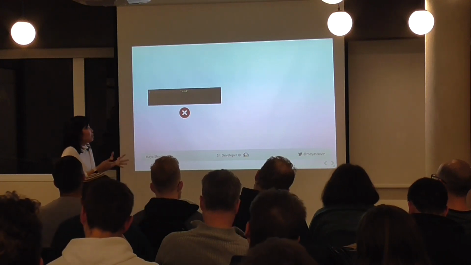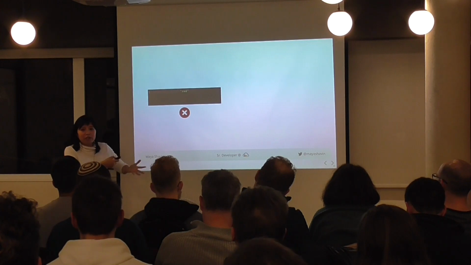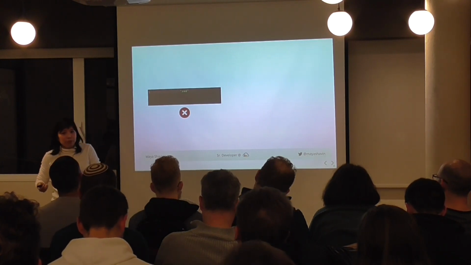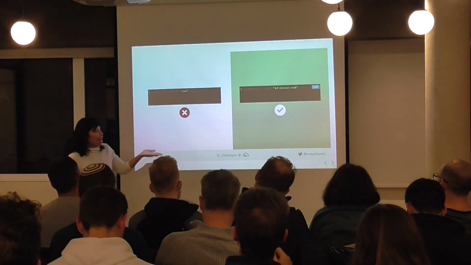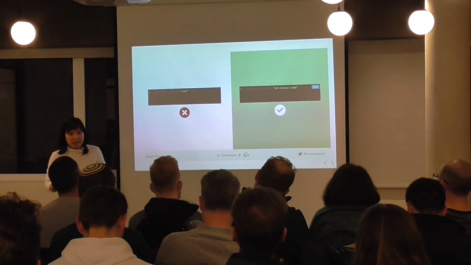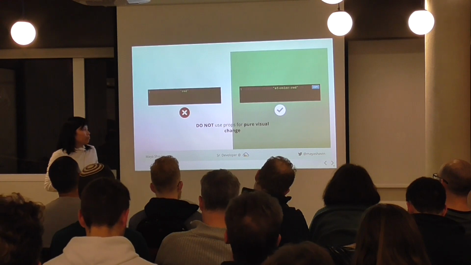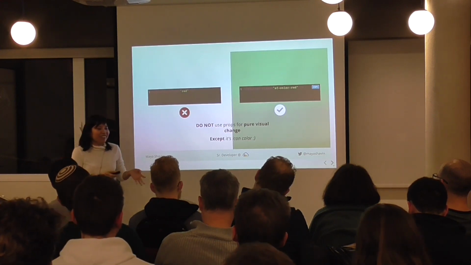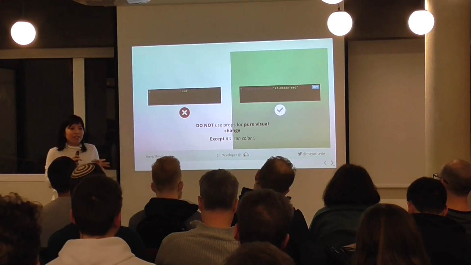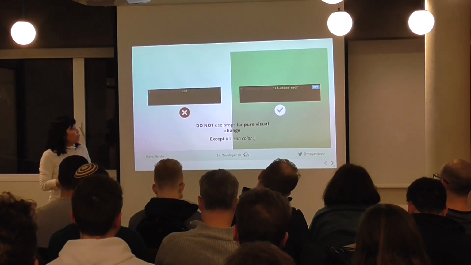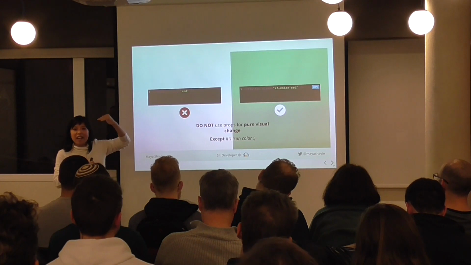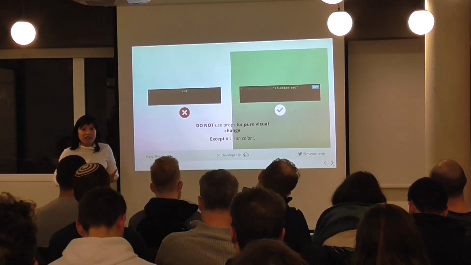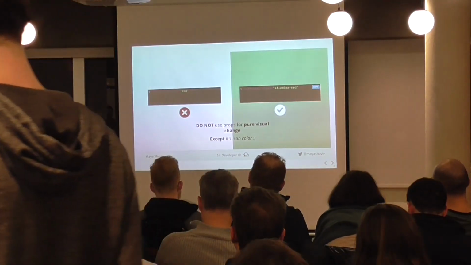You don't modify a button with color red by putting it straight away into a prop. Props are used for something more meaningful. You use a class if you have to. Except for the icon, because an icon is meant for color, so you can use the color prop for an icon, but don't use the color prop for anything like a higher order component, because then it's hard for developers to understand later on how to modify it or how to use it.